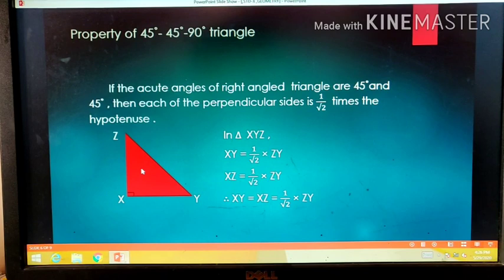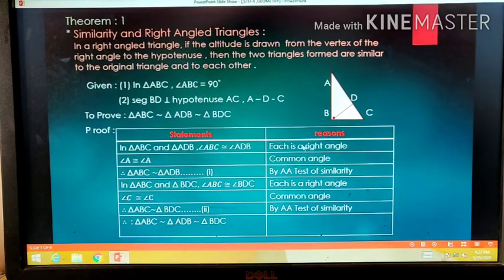So XY is equal to 1 by root 2 of the hypotenuse, that is 1 by root 2 of ZY, and XZ is also equal to 1 by root 2 into ZY. Therefore, XY is equal to XZ, which is equal to 1 by root 2 into ZY.